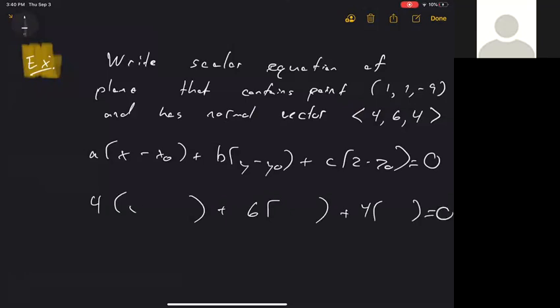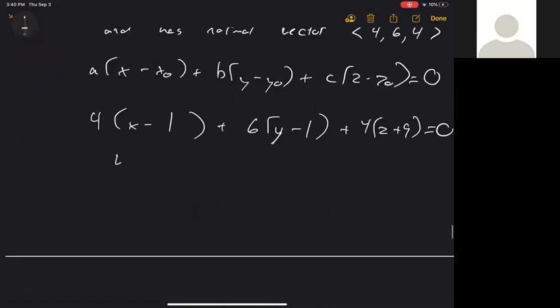And then I leave my x, y, and z as they are, and then I subtract the point I know. So I subtract those components. Since it's negative 9 here, that becomes a plus. And that's the equation of my plane.